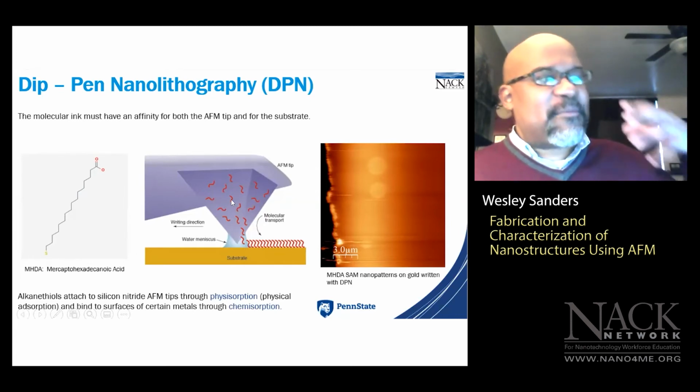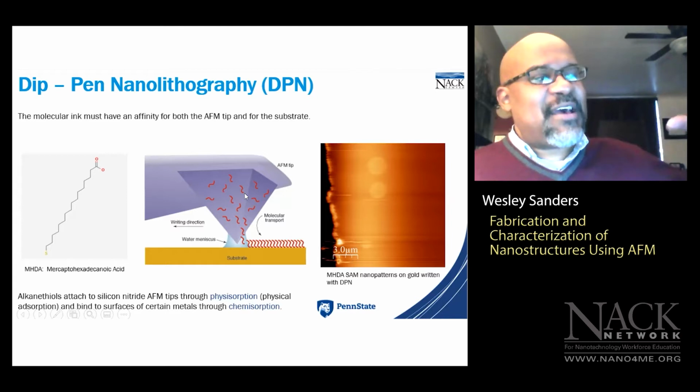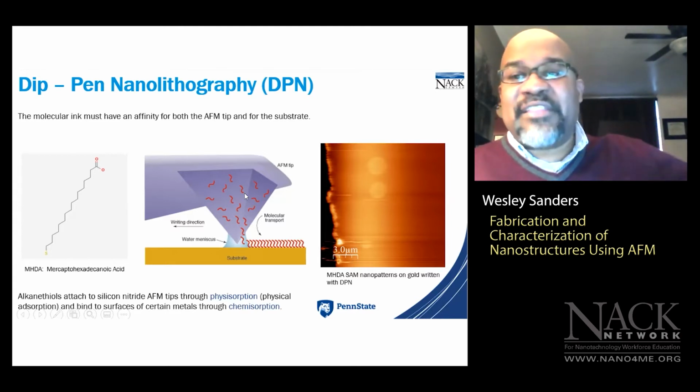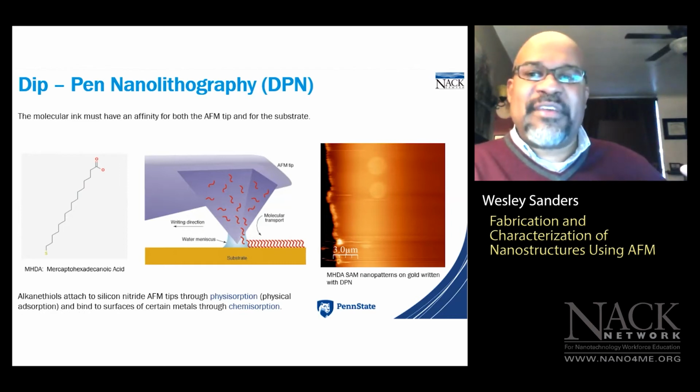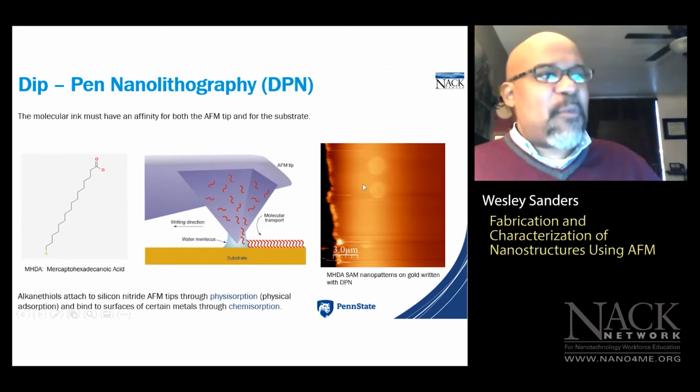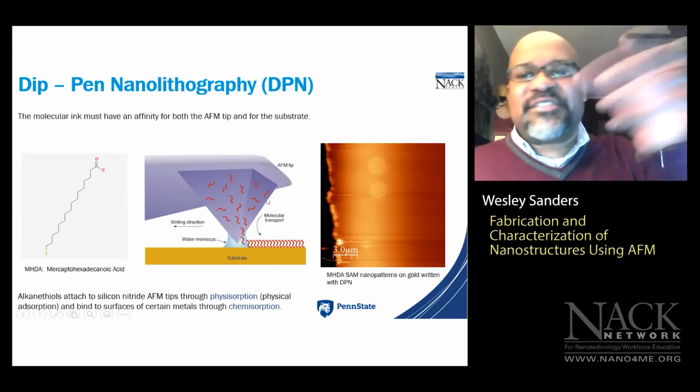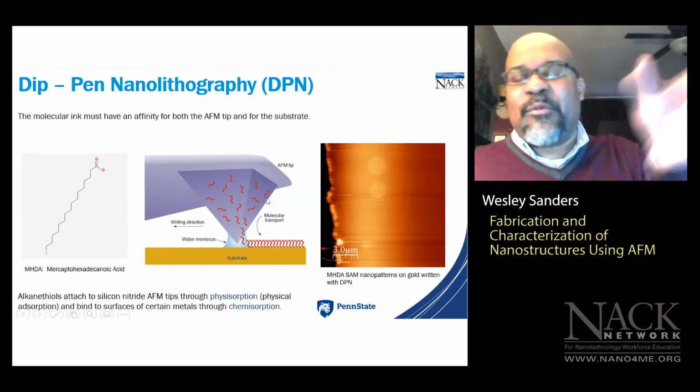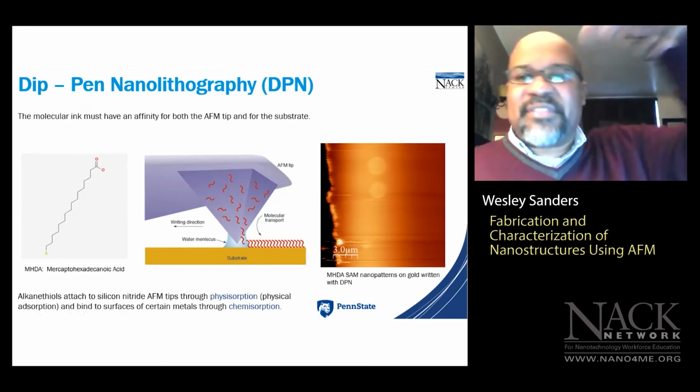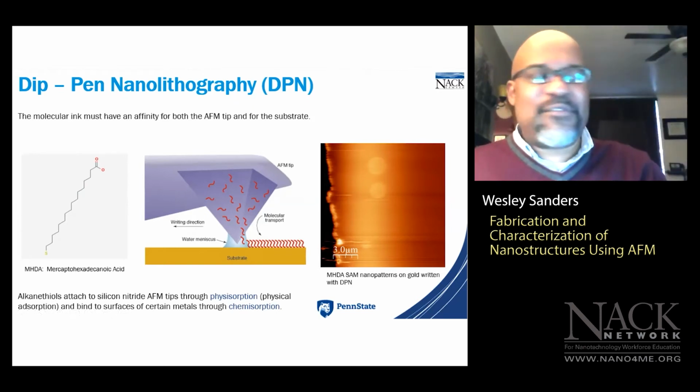When we perform DPN, we take the tip and insert it in the solution that contains the molecules that we want to coat the tip with. When I performed this test, that's all I did. I took a little beaker, made a solution of the alkane thiol using alcohol, put the tip in the solution, and let it sit for a few minutes.